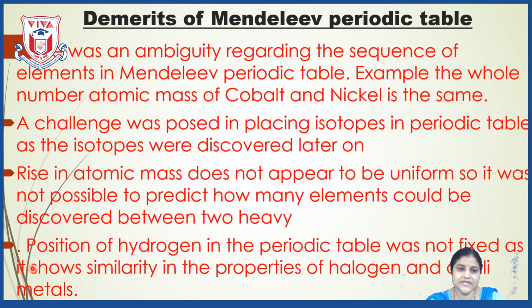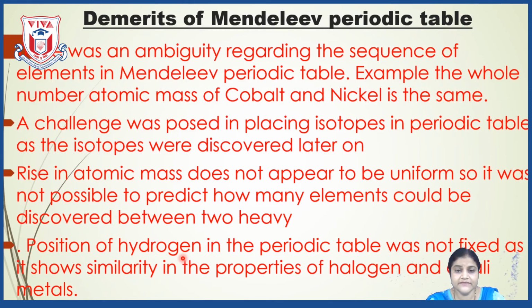Next, the fourth demerit is that the position of hydrogen in the periodic table was not fixed. This was a very important demerit. As we know, hydrogen's valency is 1, and it matches with the valency of alkali metals like lithium, sodium, potassium, and also with the valency of halogens like chlorine, fluorine, and bromine.